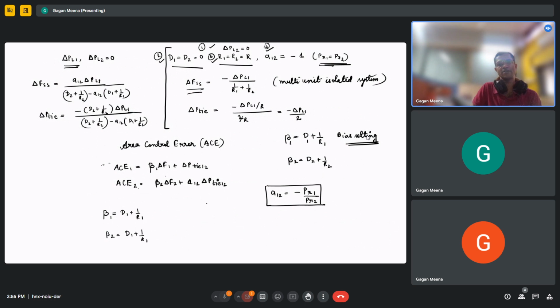And for an isolated system, you need to remember delta F steady state is equal to minus delta PL divided by beta, that is D plus 1 by R in equivalent. This is for the multi-unit isolated system, and also for the two area system under the conditions which we have already referred to. This is an important formula which you need to remember.